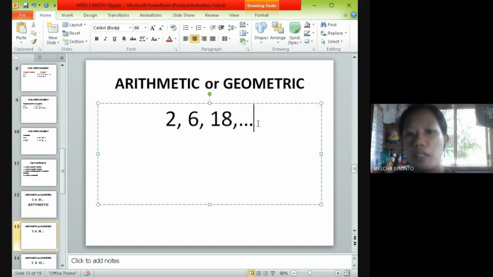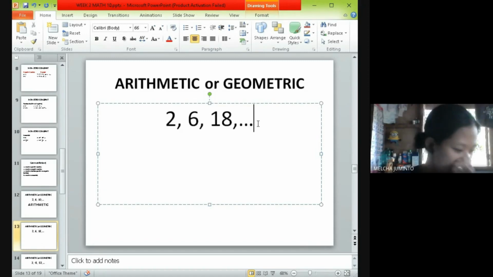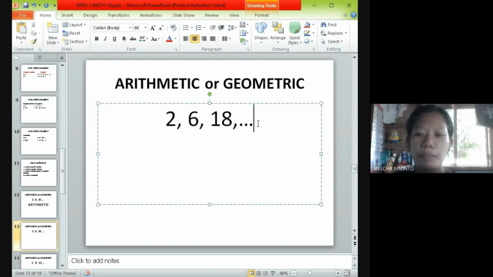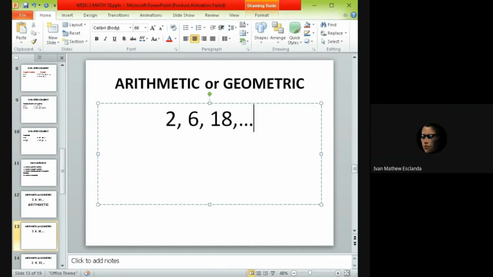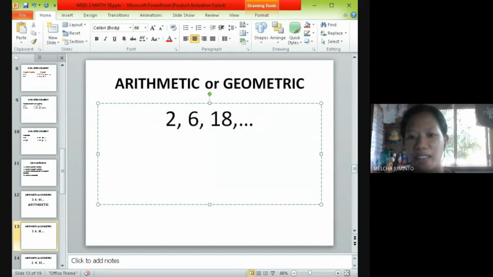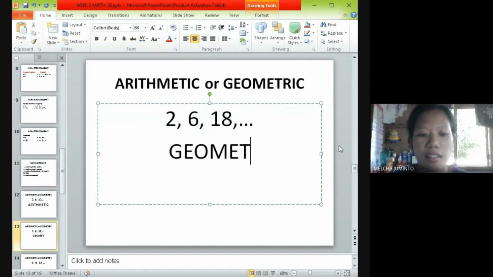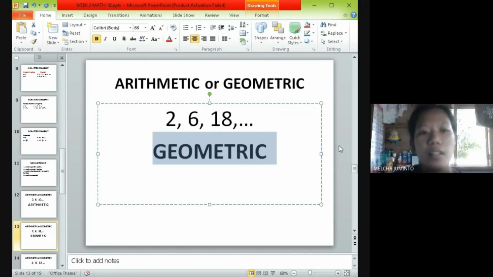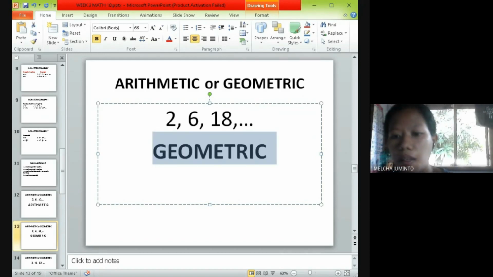Next, this one. We have the sequence 2, 6, 18. Arithmetic or geometric? Geometric po. Okay, the answer is geometric. This is a geometric sequence. This is not arithmetic. Why is this considered to be a geometric sequence?